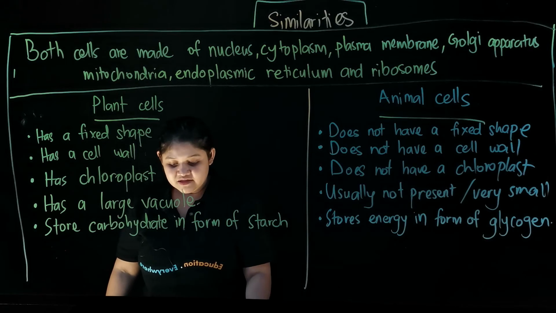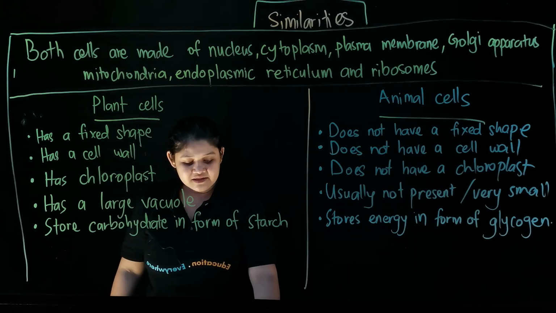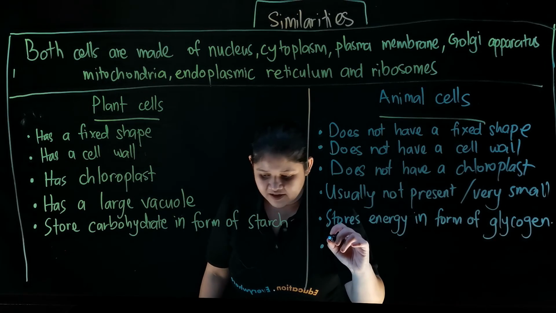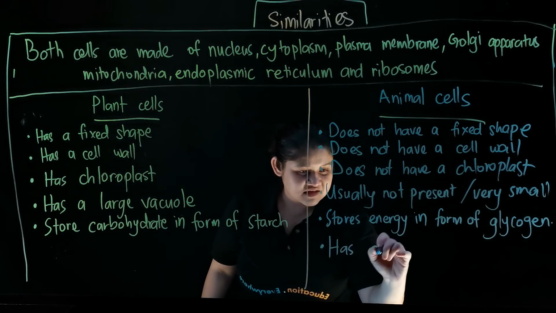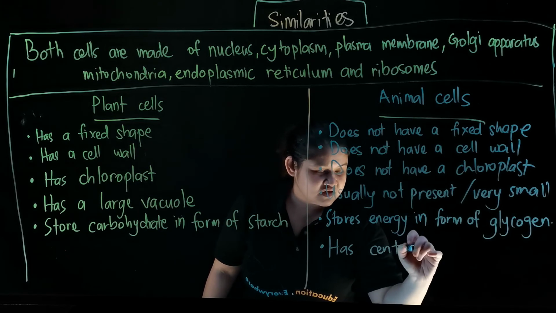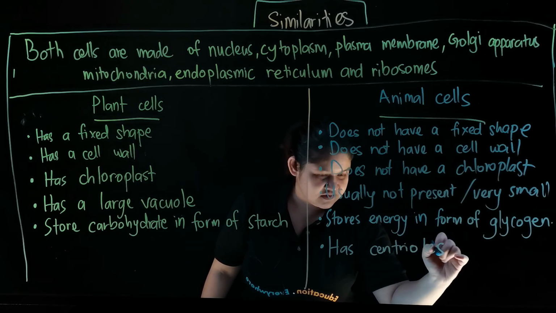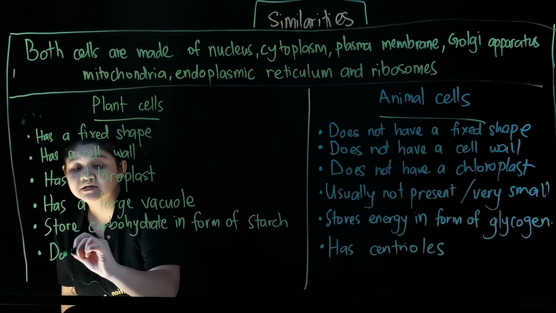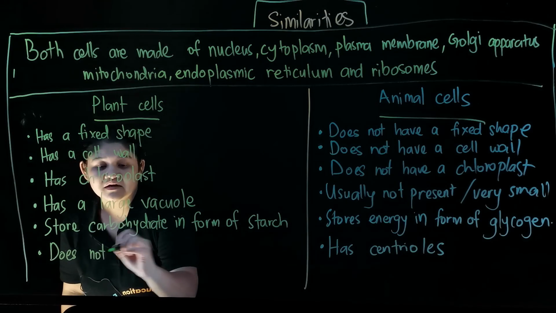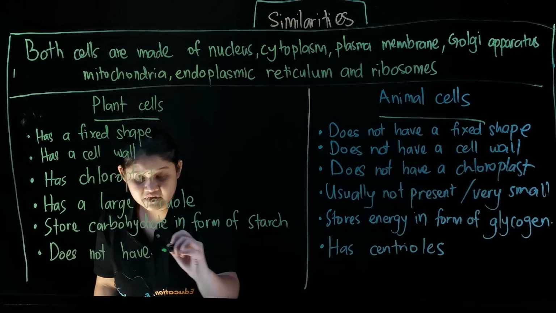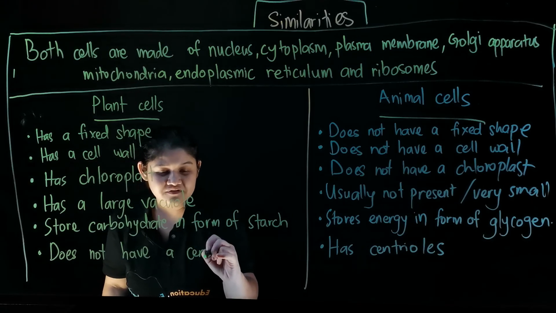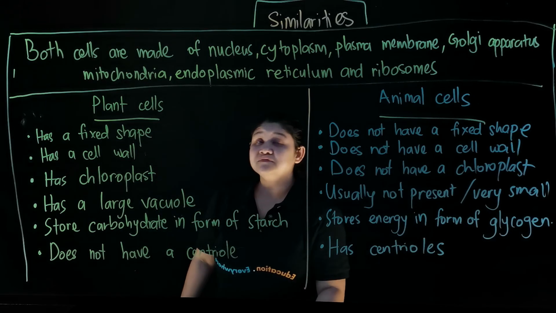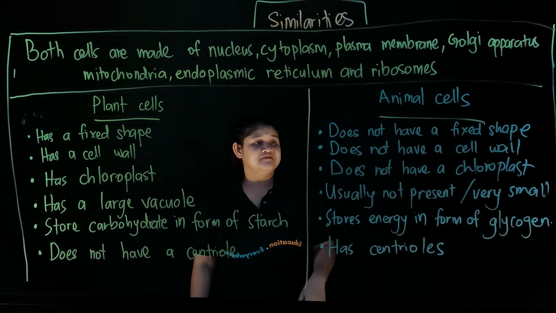And last but not least, I think I mentioned this in animal cell: animal cell has centrioles to aid cellular division, and plant cell does not have a centriole. I think that sums up cell structure and function.